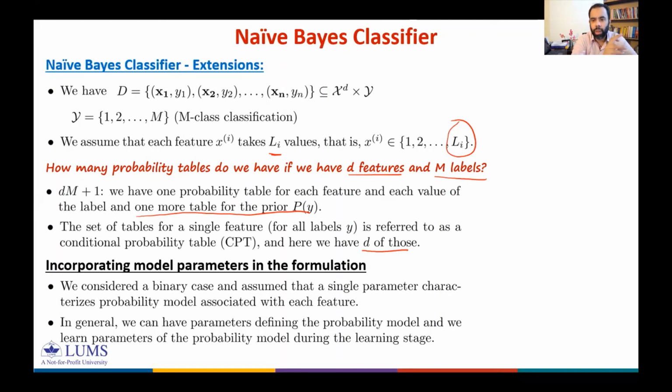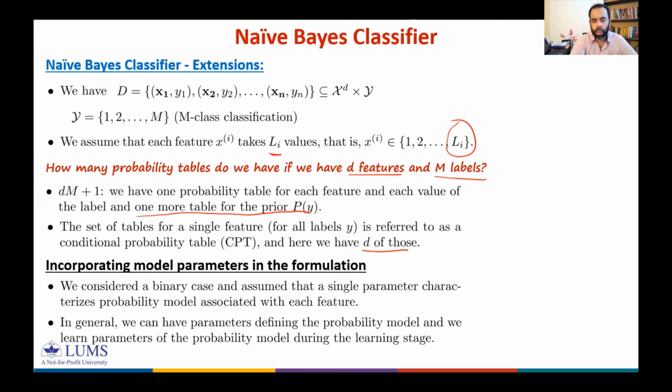We did one example with binary features, where we can simply use one variable theta to model the probability density function. But if the variable can take more values, or follows some other distribution, we need to learn the parameters of the probability model during the learning stage.